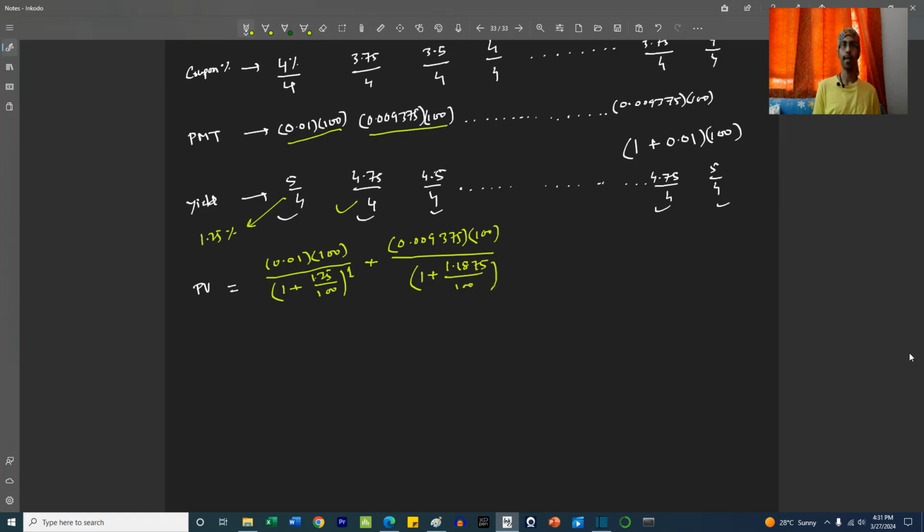Now because this is the second period, we write to the power 2. Like this, there will be 20 periods, and the final payment will be 1.01 into 100 by 1 plus 1.25 by 100 to the power 20, because this is the 20th period, right?